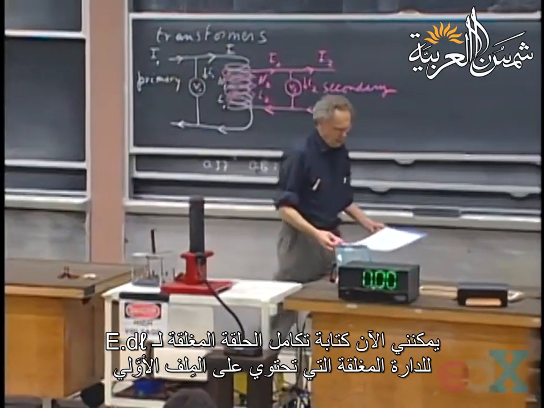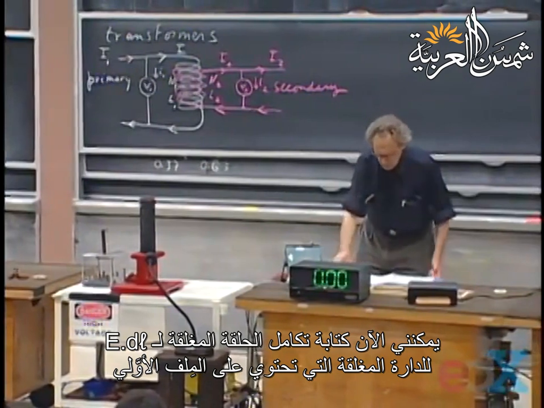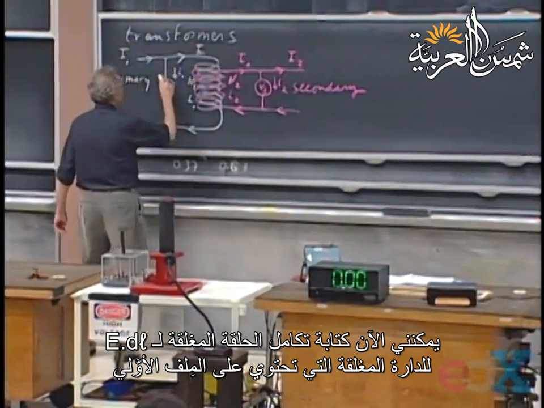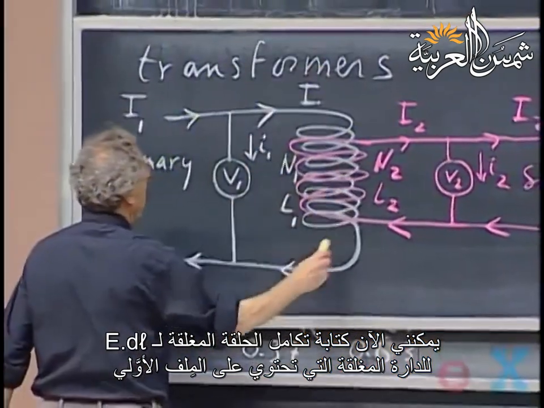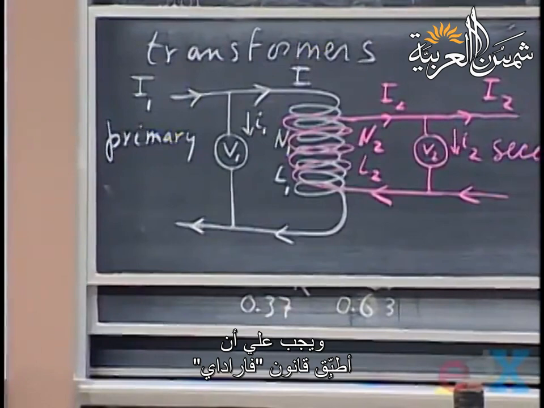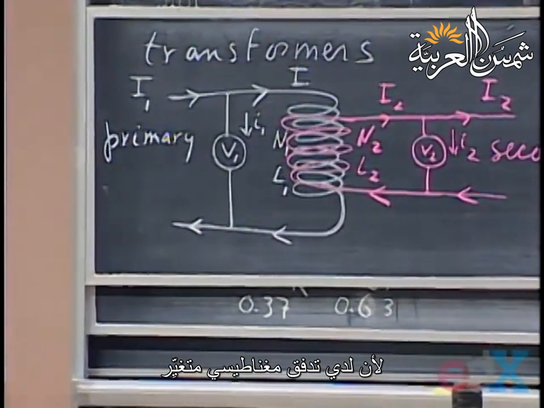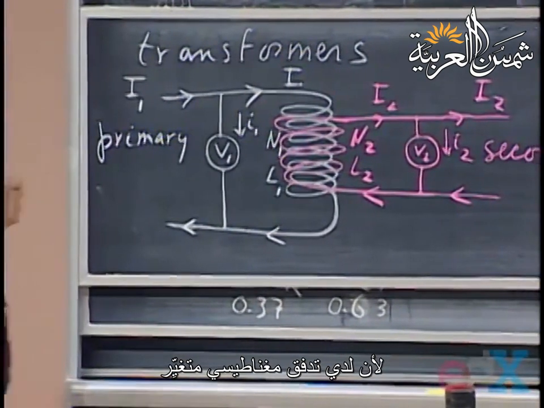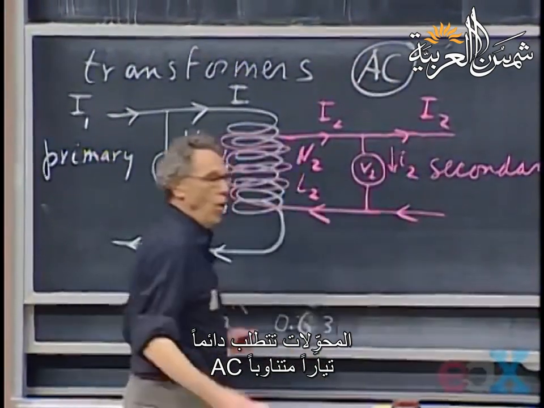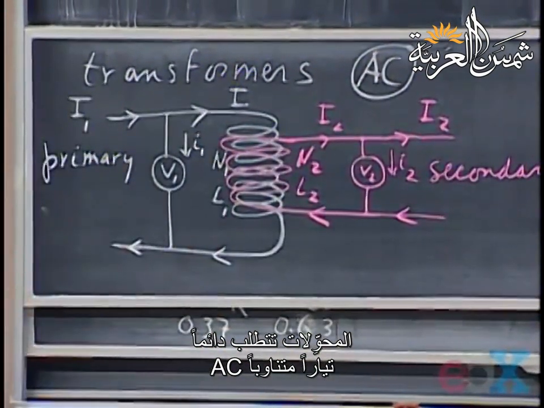What I can do now is write down the closed loop integral of E dot dl for this closed circuit here. And I have to apply, of course, Faraday's law, because I now have a changing magnetic flux. It's always AC. Transformers always require alternating current.